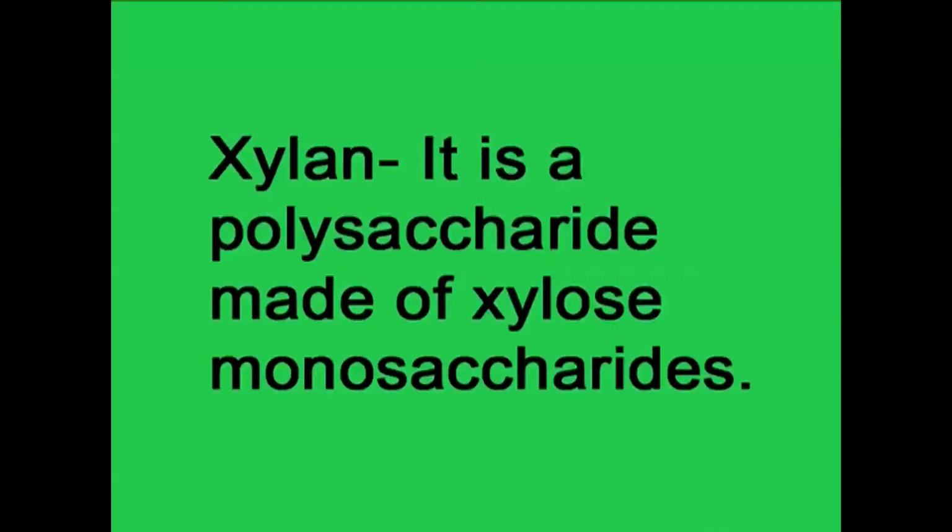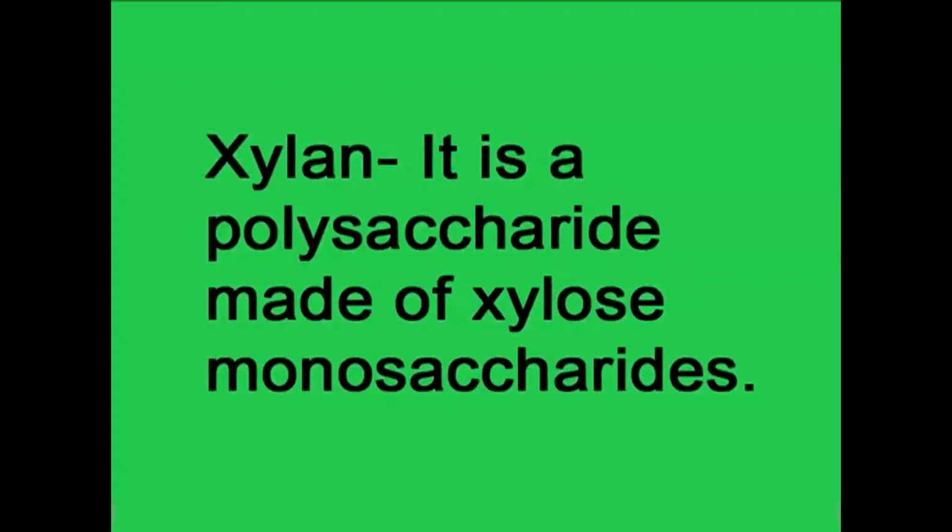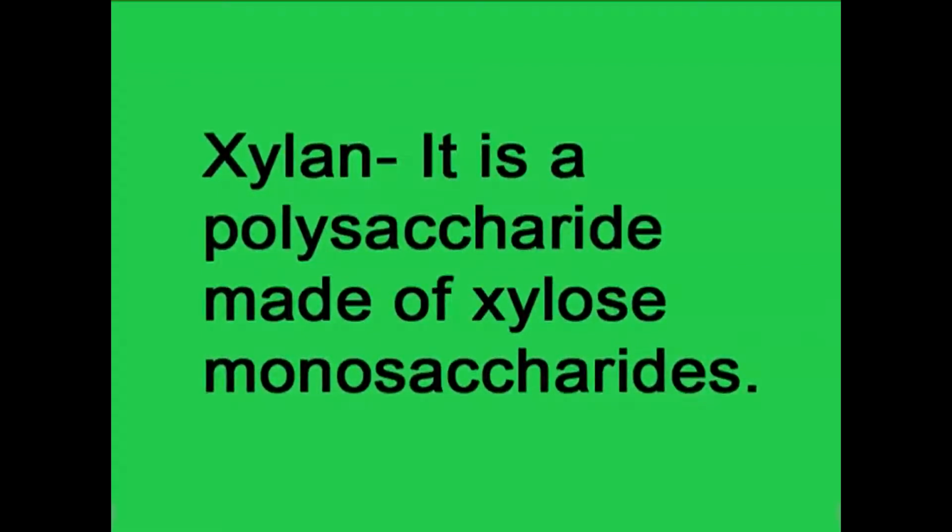Other homopolysaccharides can also be mentioned, such as xylan. It is a polysaccharide made up of xylose monosaccharides. The general name of the homopolysaccharides is glycan, because they are formed by the joining of glycosidic bonds.